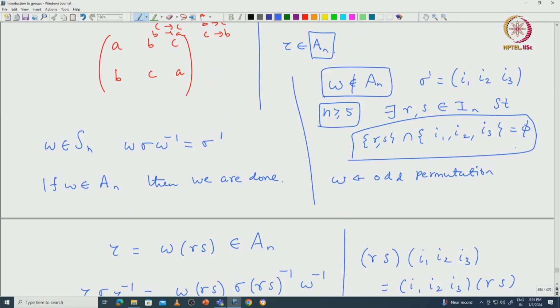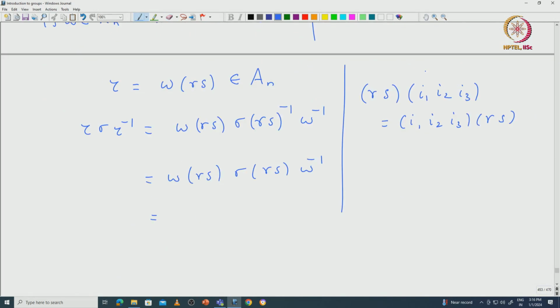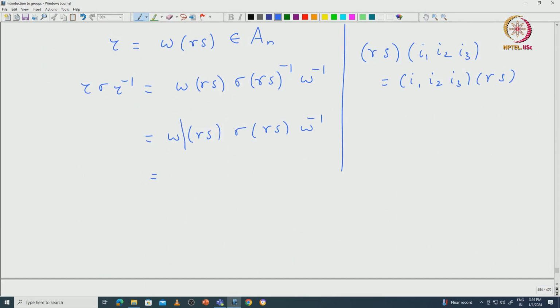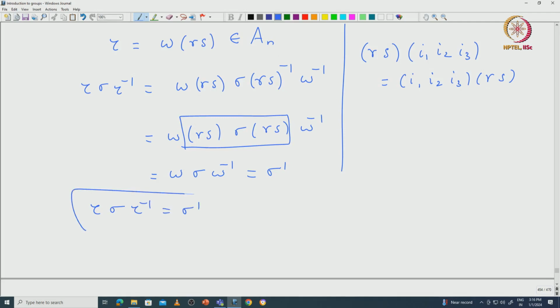Oh sorry, I have chosen sigma here. Sigma is your (i1 i2 i3). So, that means they commute, that means this element actually becomes omega sigma omega inverse, because the (r s) factors get cancelled. So, this is going to be your sigma dash. So, tau sigma tau inverse is again sigma dash.